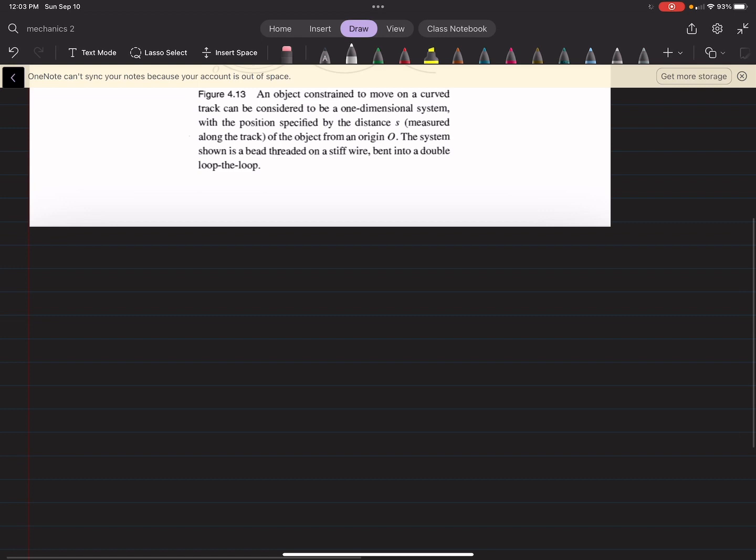Okay, so let's go ahead with this. Our velocity v can be written as dx/dt, dy/dt, dz/dt.